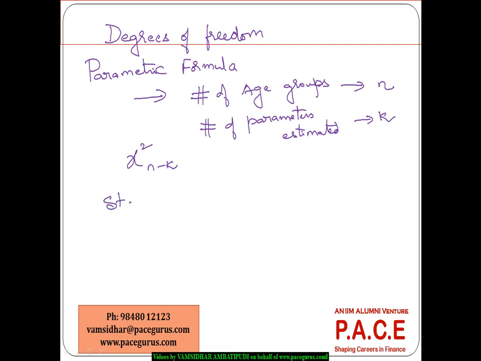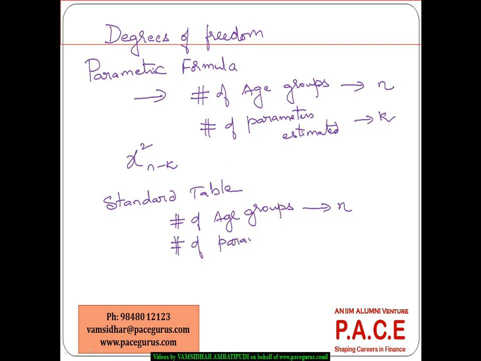But if I am referencing a standard table instead of a parametric formula, again I'll start with the number of ages or number of age groups that are being evaluated. Let's say I'm going with n. Again, the number of parameters that we are estimating, because there also we use a simple formula relation to estimate the parameters.